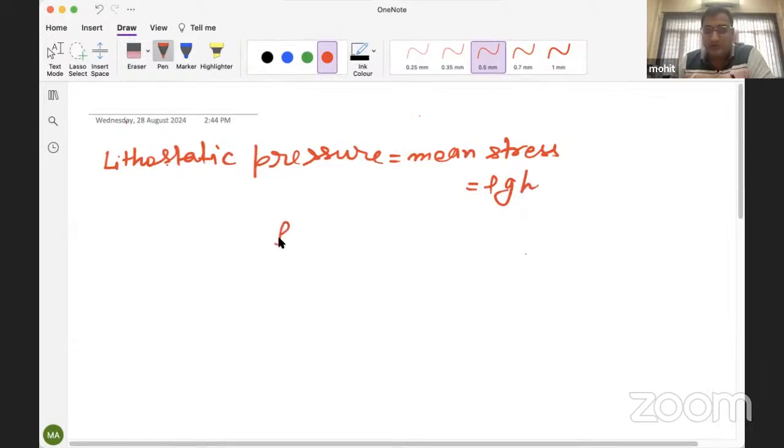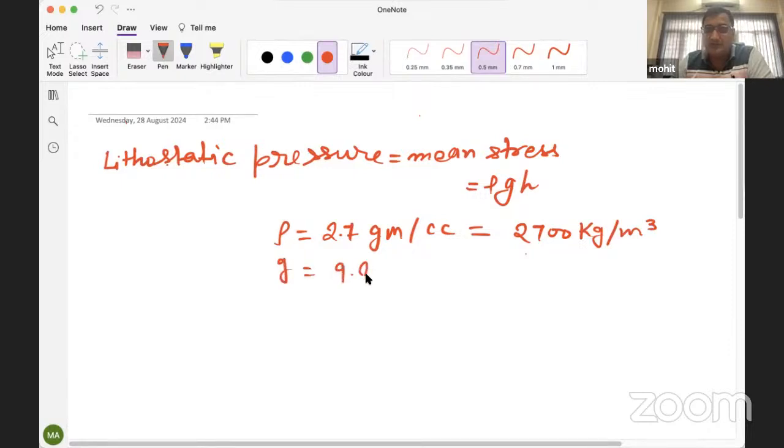Rho is given as 2.7 gram per centimeter cube, and when you convert it into kilogram per meter cube, it comes out to be 2700 kilogram per meter cube. G is the acceleration due to gravity, which is 9.8 meter per second square, and h you are required to calculate. We know that 1 kilobar is equal to 10 to the power 5 Pascal.